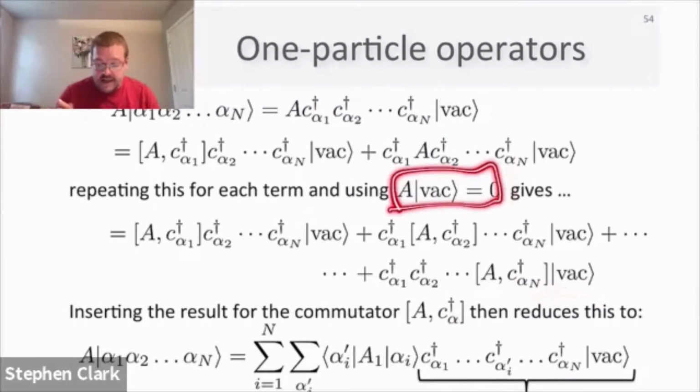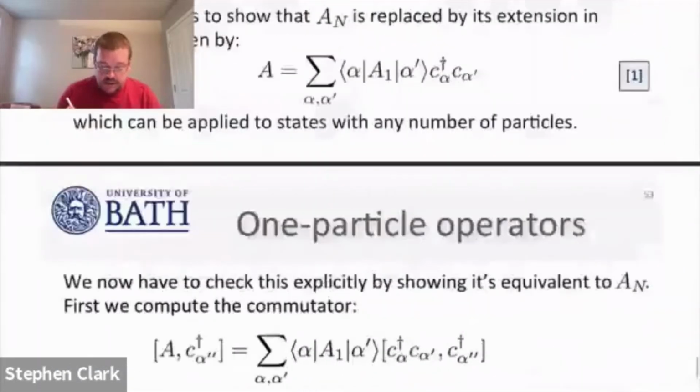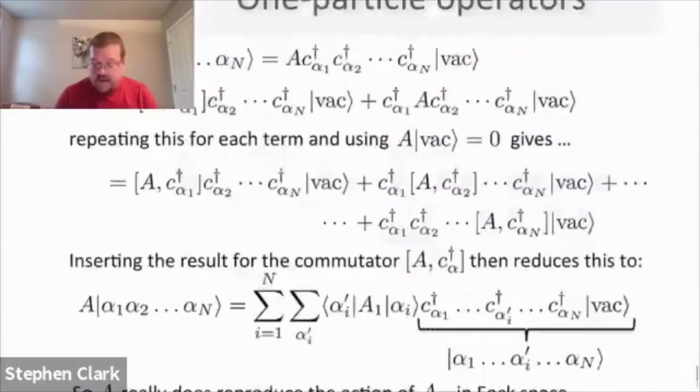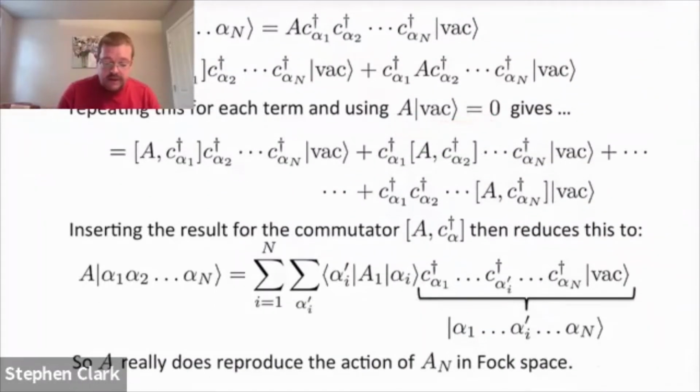So why does A disappear on the vacuum? Because if you remember, A has an annihilation operator on this side. So if it ever hits the vacuum, it equals 0, okay? Because it's got an annihilation operator here. So because A vanishes on the vacuum, you've got this expansion of commutators. And if you write that out, you get exactly the same equation that we got.